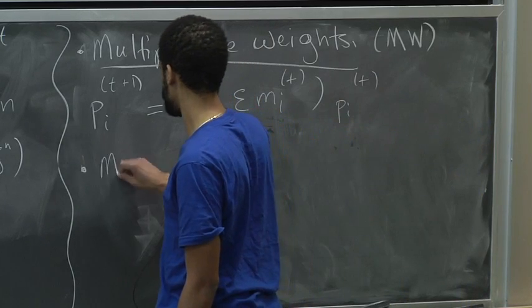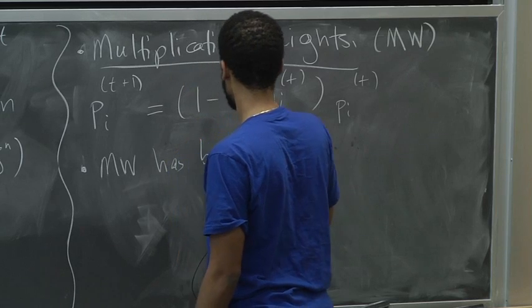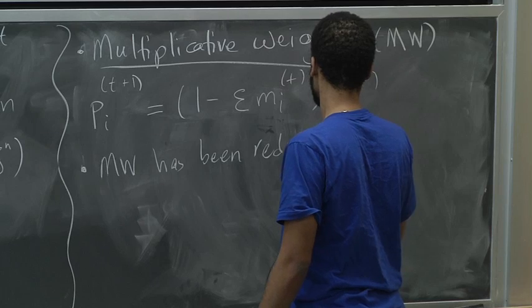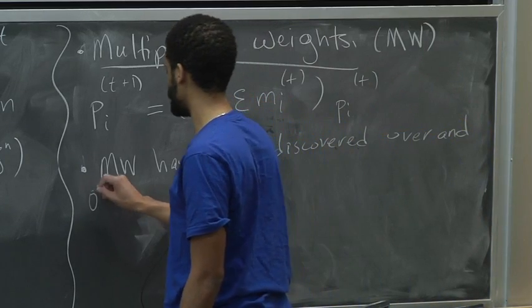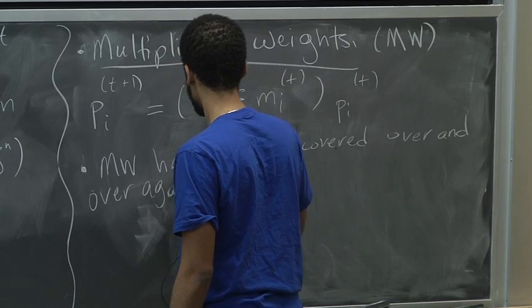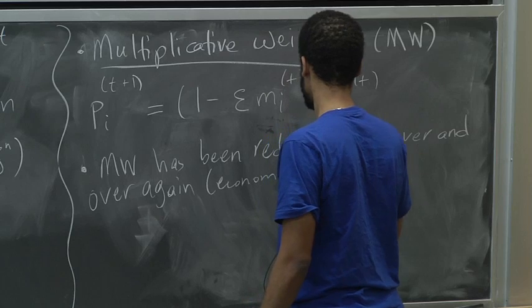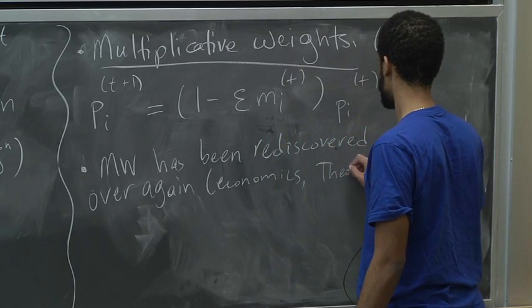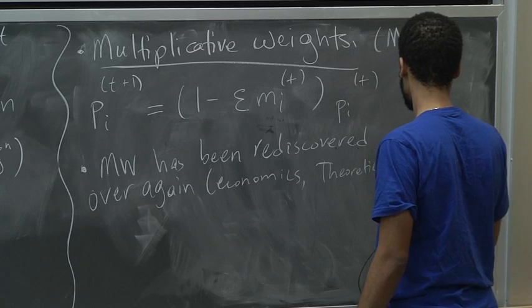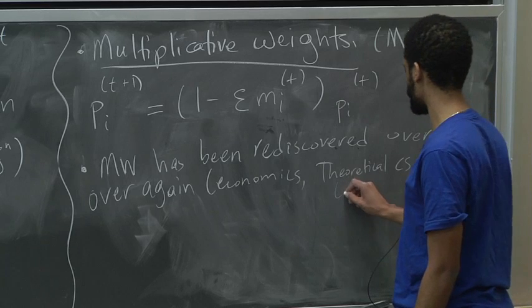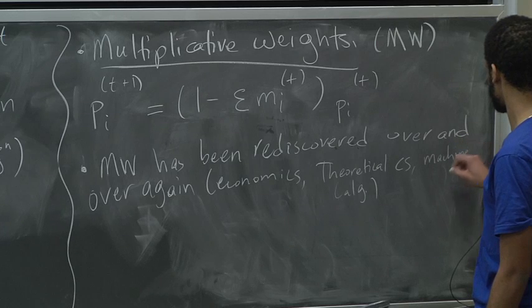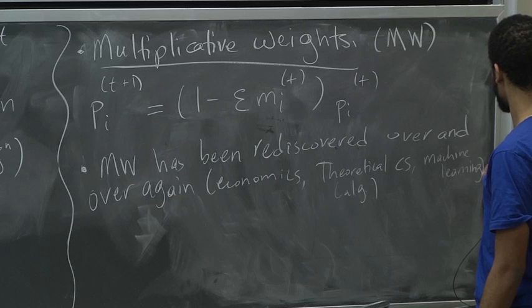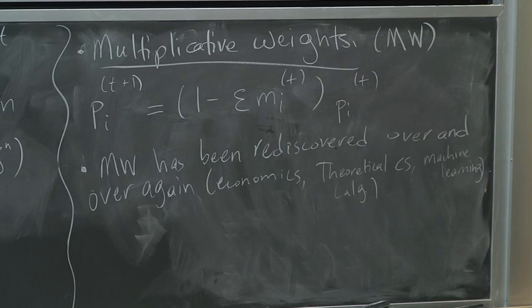MW has been rediscovered over and over again by different people with different names in different fields, like economics, theoretical computer science, by which I mean algorithms, machine learning, etc.